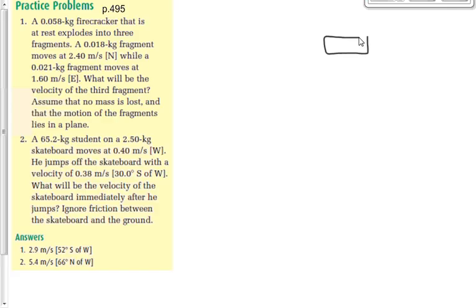We got, let's call it, mass object 1, 2, because it's object 1 and object 2 combined, right? It's the guy and the skateboard together before anything happens. The mass of that system is 67.7 kilograms, and the velocity of that system is 0.40 meters per second to the west. All right, that's what we've got.